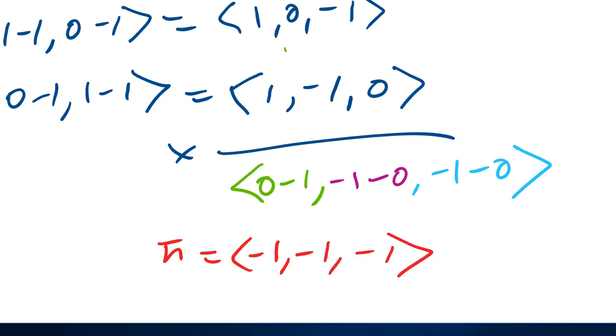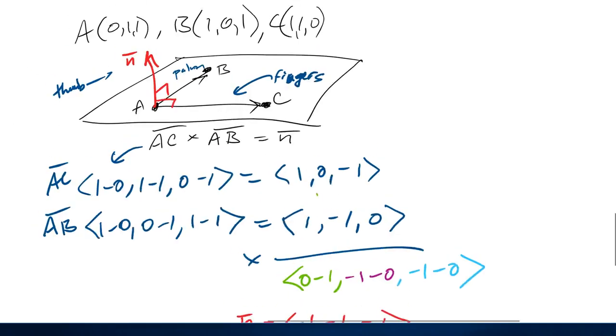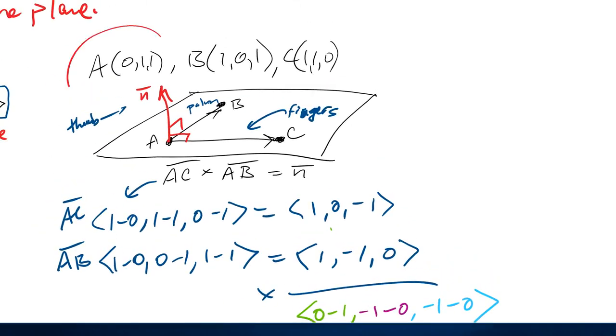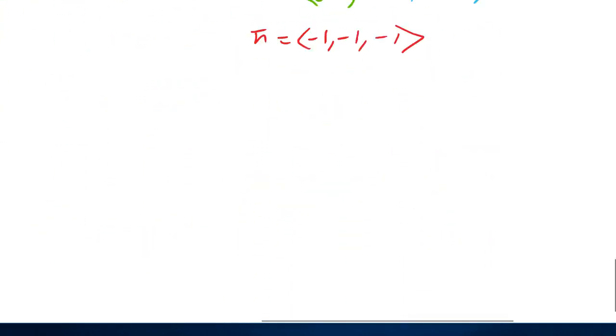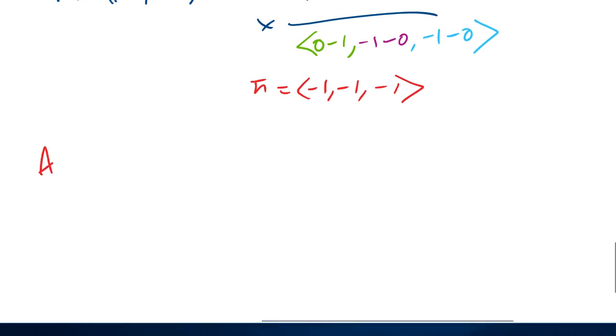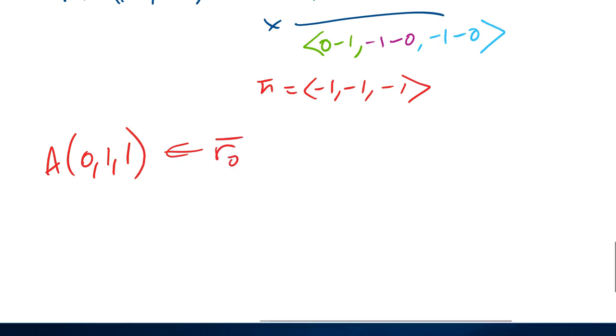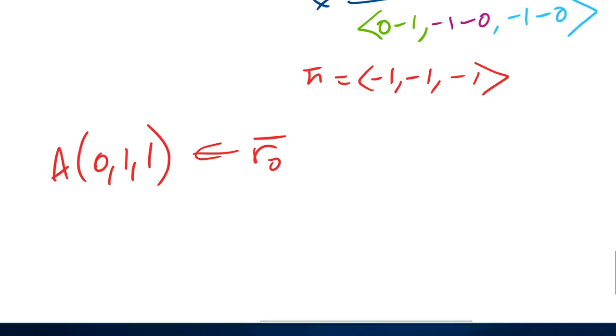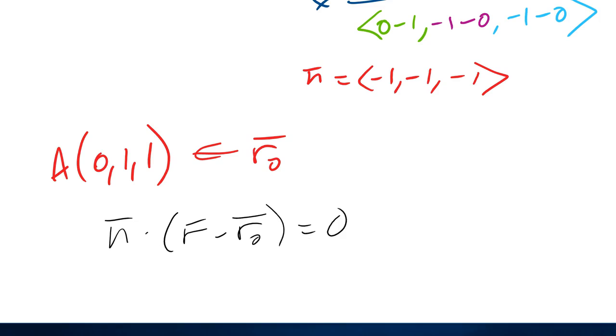And now we use that along with one of the points. I'll just use A, 0, 1, 1. This is going to be our R naught. So n dotted with R minus R naught equals 0.